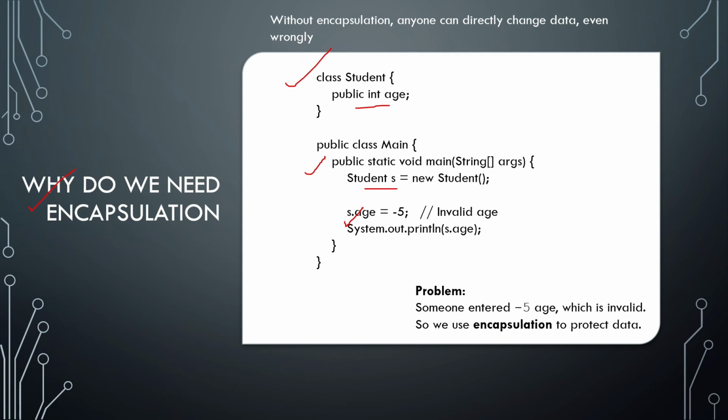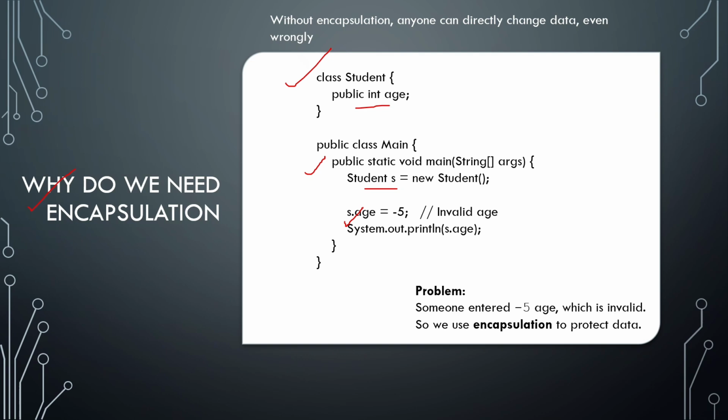So, what do banks do? They hide the data and allow access only through proper rules and validations. The same concept is used in Java through encapsulation. Instead of making the variable public, we hide the data using private variables. Now, nobody can directly write s.age equals -5, and if they try, Java gives an error because direct access is not allowed.